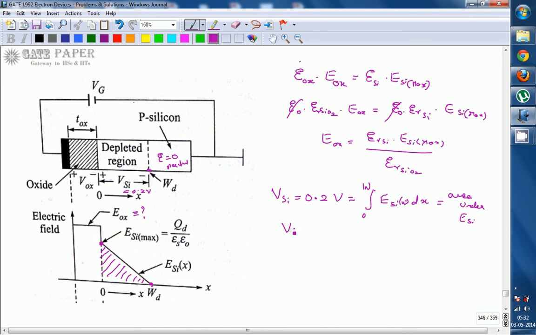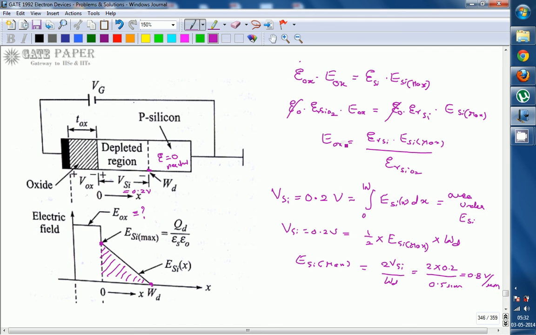So V_Si is 0.2 volts, which is half times the height, E_Si maximum, and the width, W_D. From this we get E_Si maximum equals 2 times V_Si divided by W_D, which is 2 into 0.2 divided by 0.5 micrometer, which is 0.4 by 0.5, so you get 0.8 volt per micrometer.